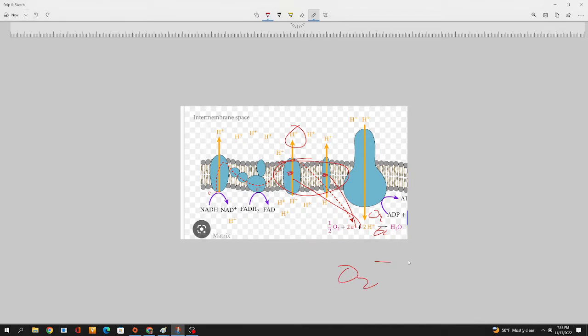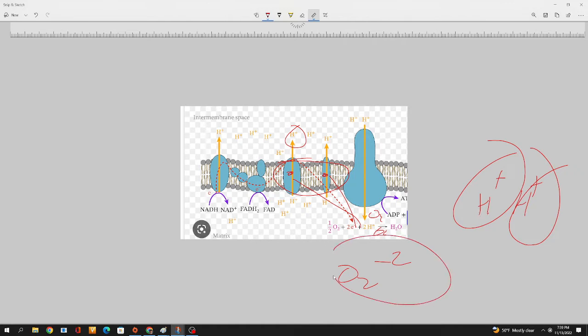But what's significant is that, remember, there are H plus ions now within this region, and they want to become stable. They want to become a regular hydrogen thing. So what happens is that this is a very quick process, by the way, but once the oxygen takes in the two electrons, it's going to collide with two other hydrogen molecules that are protons at this point and make water, H2O.